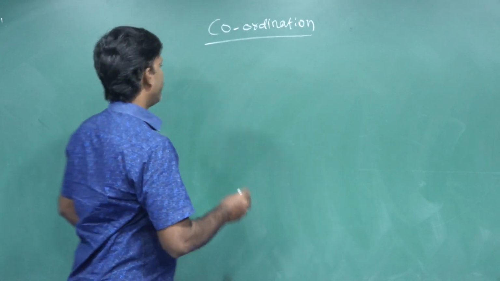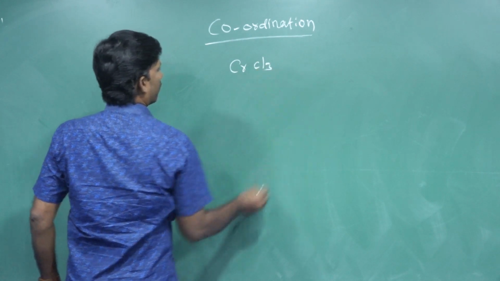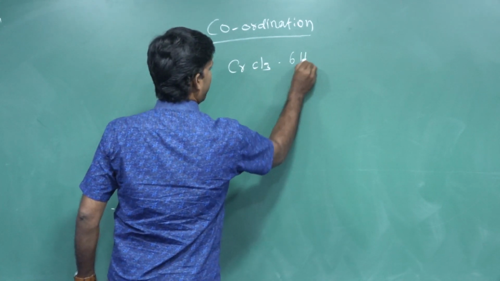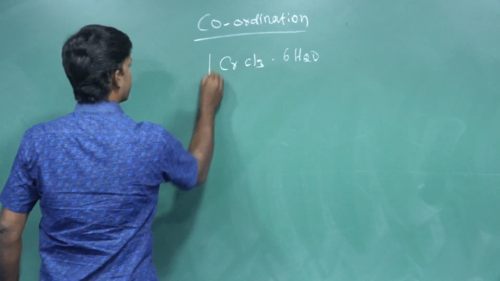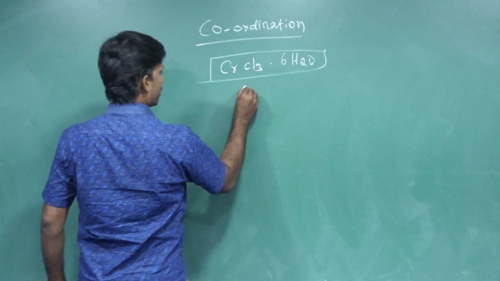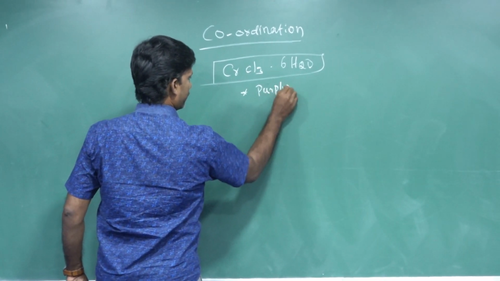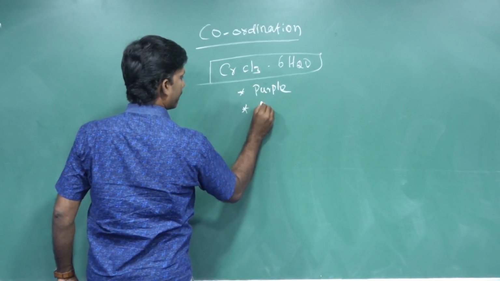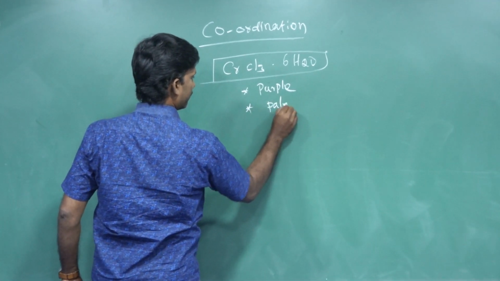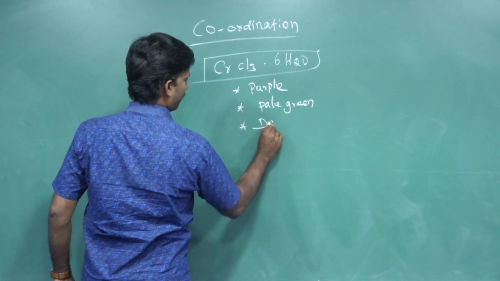For example, if you take chromium(III) chloride hexahydrate, it exists in three different colors: purple, pale green, and dark green.